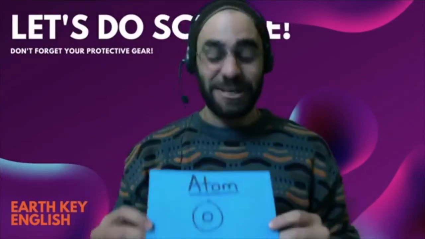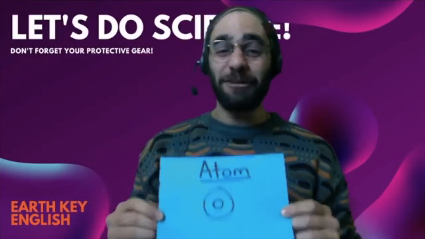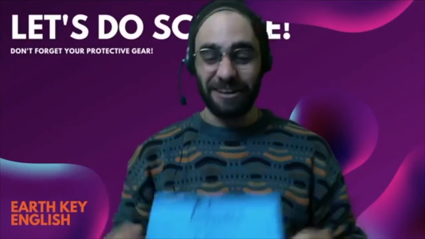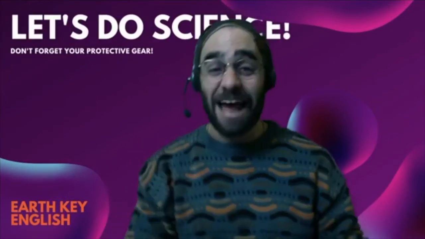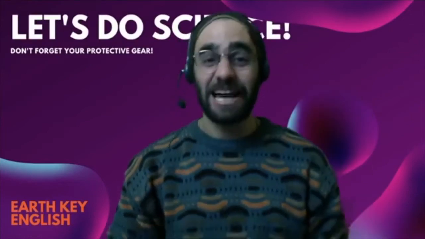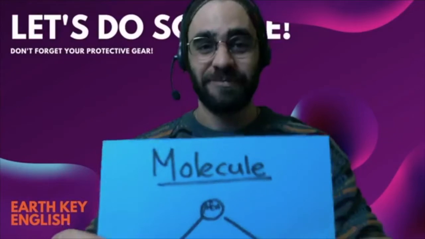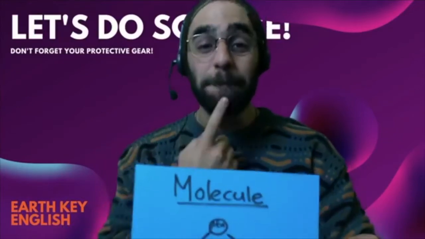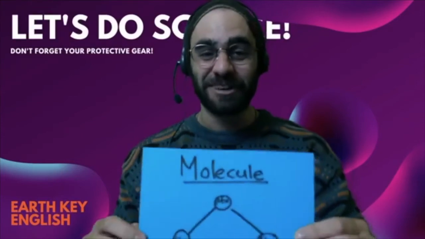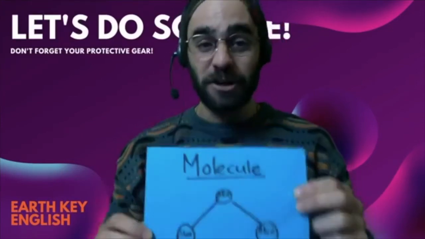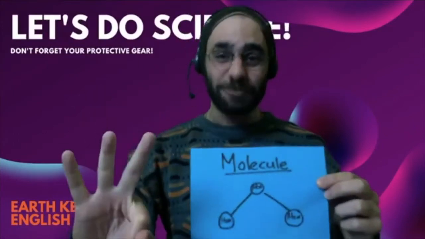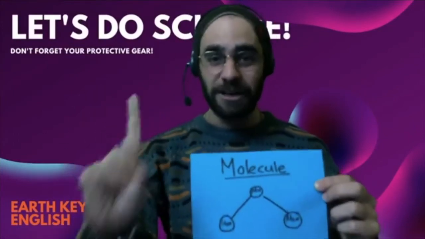But today we're going to be talking about water. So water is made up of three atoms, like this. It's called a molecule. So every molecule in water, there are three atoms that make one molecule.